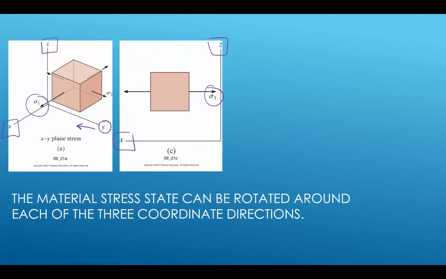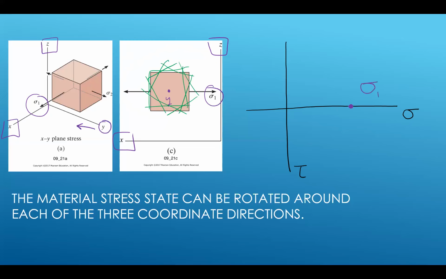So if we're looking at the xz plane and we're rotating this material about the y-axis, we can once again draw a Mohr circle, and this time the Mohr circle will have a principal stress of sigma 1, and we'll put that out here, and 0.